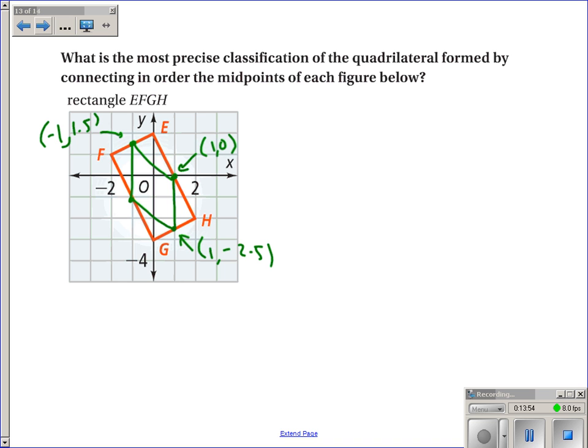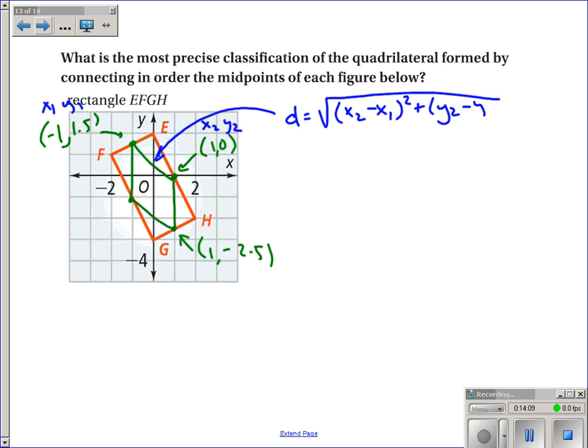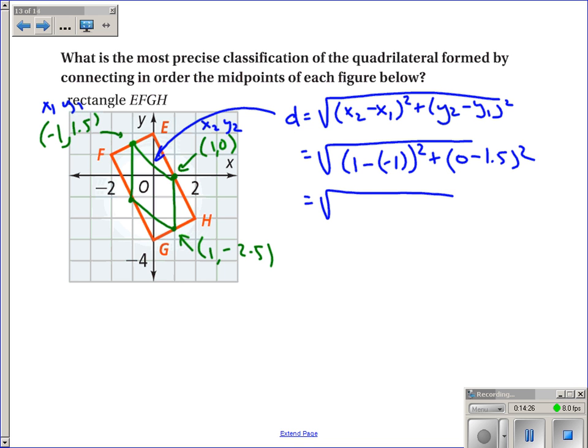So this distance, I will call this x1 and y1 and x2 and y2. One minus a -1 is 1 plus 1, or 2.